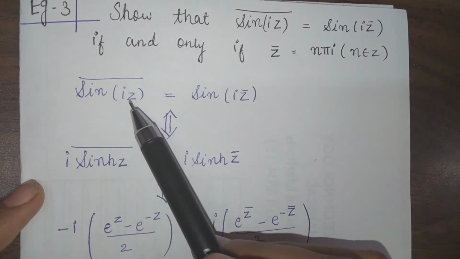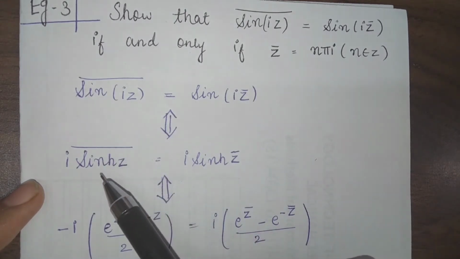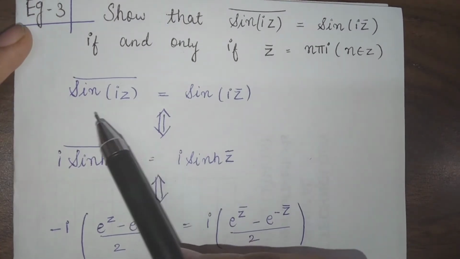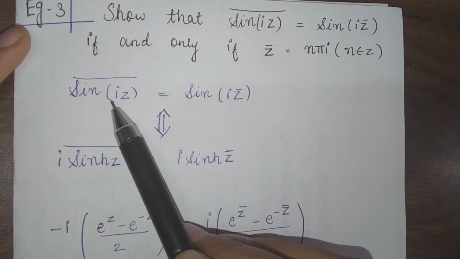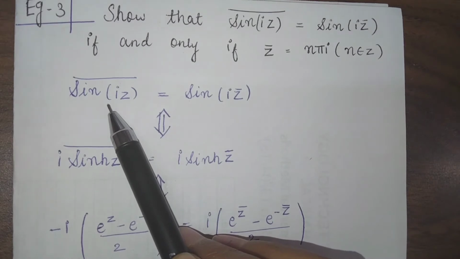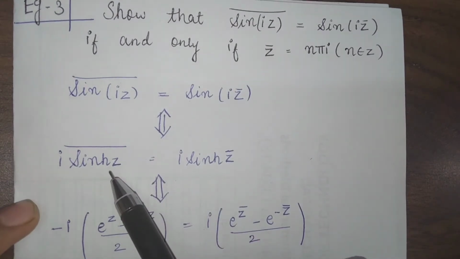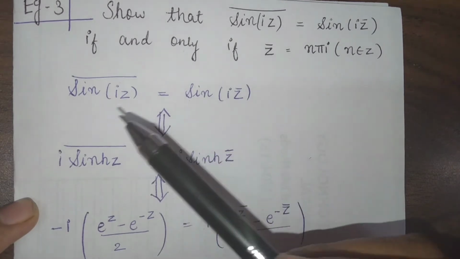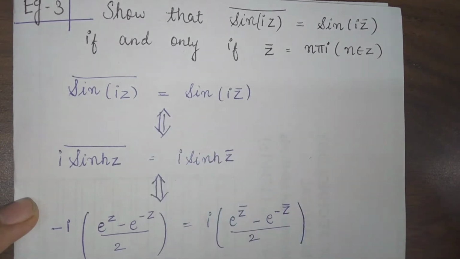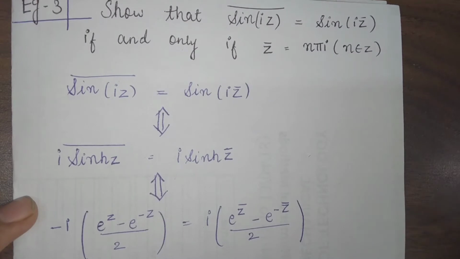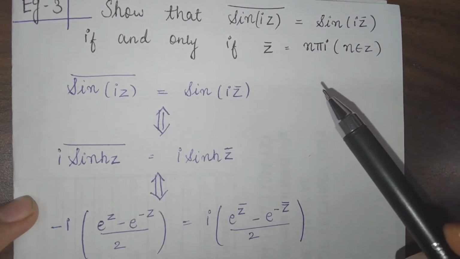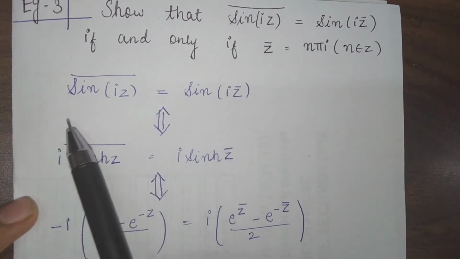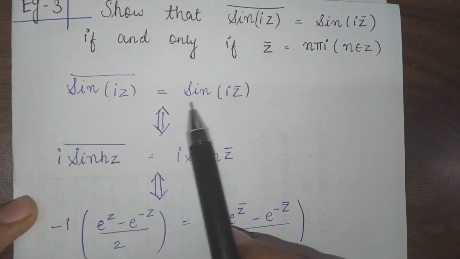Okay, and a circular function can be represented in the hyperbolic form according to this formula. This is the formula that if we want to represent the circular function in the hyperbolic form, then we can express it like this. The concept of circular and hyperbolic functions we will discuss in further lectures, but just now you just accept it that these are circular functions.